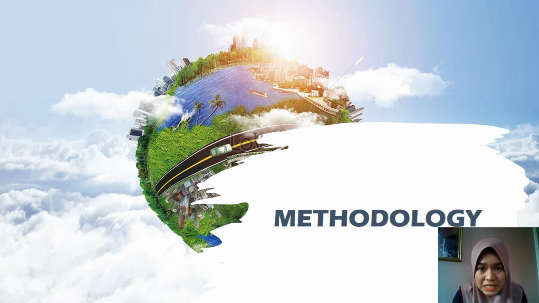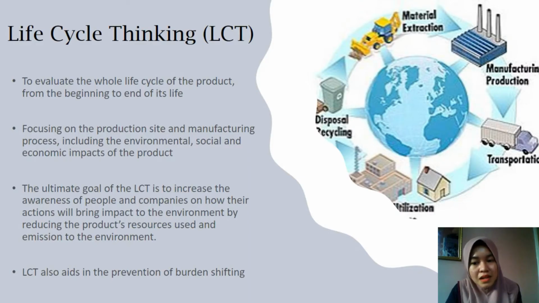The methodology is divided into three parts, which are life cycle thinking, eco-design work, and eco-indicator activity. Let's go for the first part, life cycle thinking. To evaluate the whole life cycle of the product from the beginning to the end of its life, focusing on the production side and manufacturing process, including the environmental, social, and economic impacts of the product.